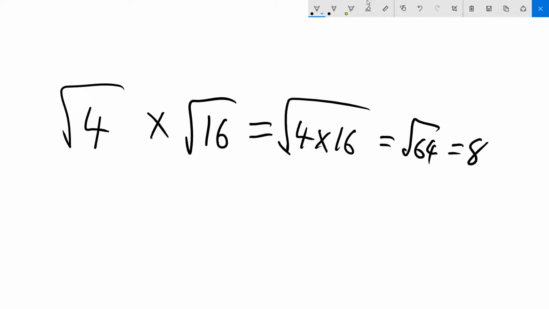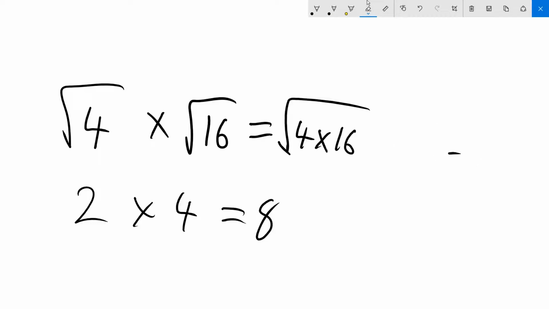Okay, so let's double check that. Root 4 is 2, and root 16 is 4. 2 times 4 is 8. So we got the same answer using both methods. Why would we need this?